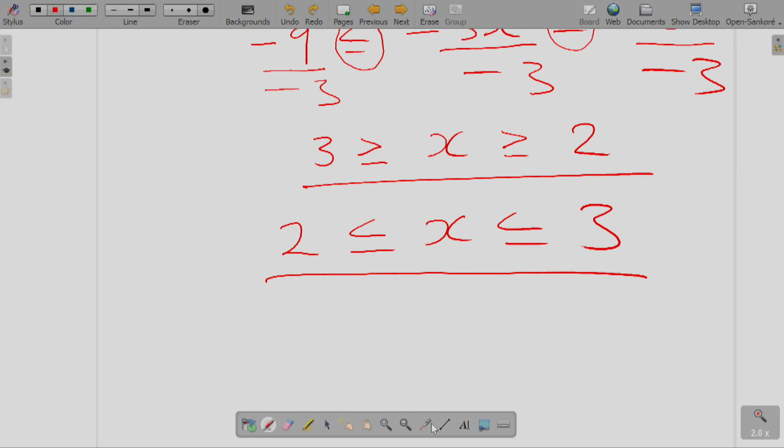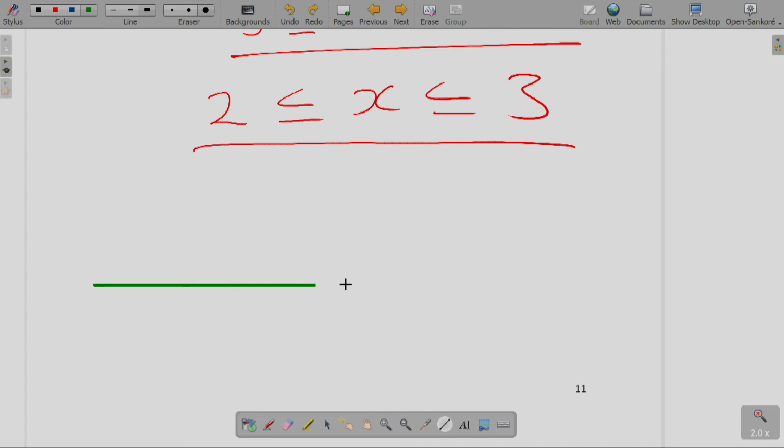Let's draw a number line to show this answer. So this is 0.